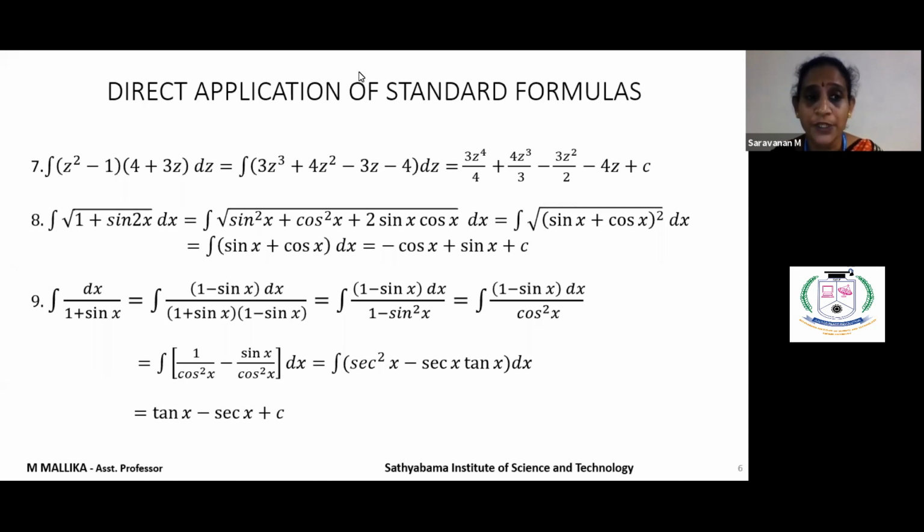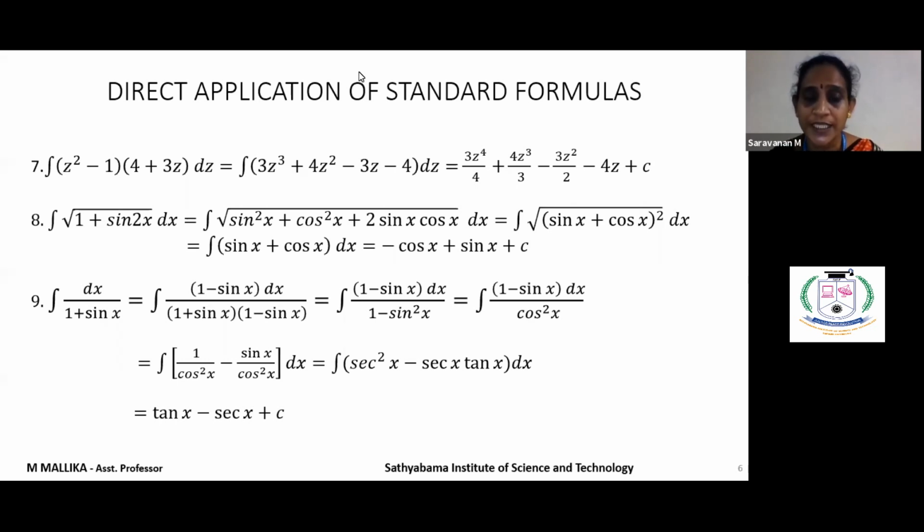Similarly, in the next problem, you find dx by 1 plus sine x, where you have addition of terms in the denominator. Normally, when you have addition or subtraction of terms in the numerator, you can always split the integral and integrate. But when you have addition or subtraction of terms in the denominator, we cannot do so. So again you have to make an adjustment.